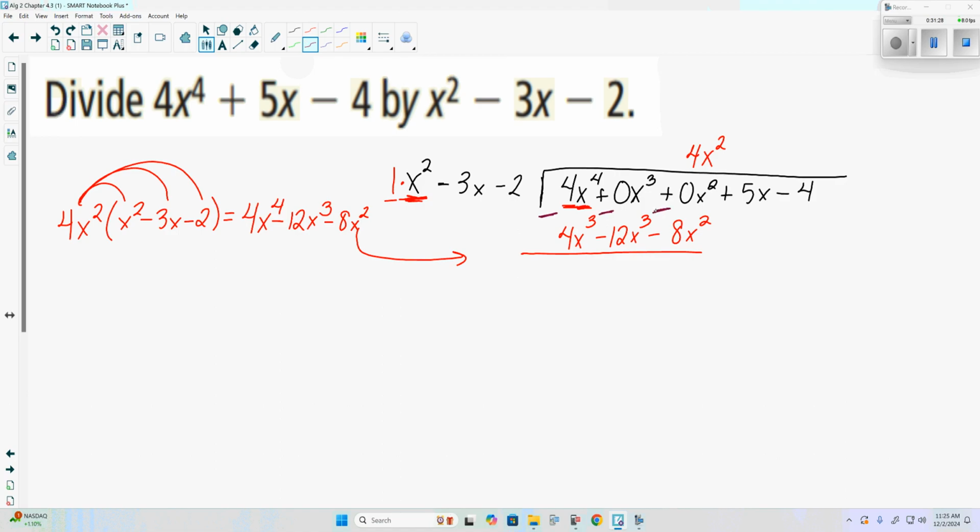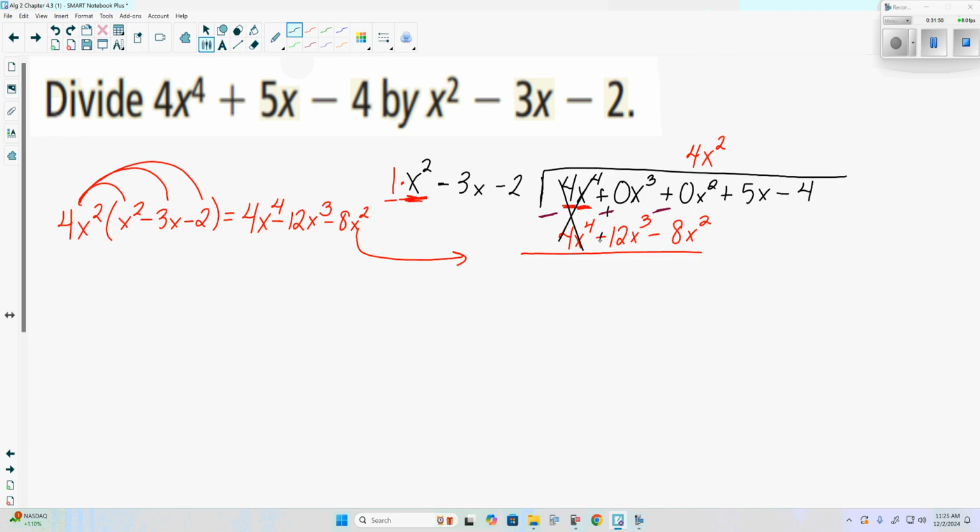And again, we're going to subtract. Yep, and I wrote the wrong number there, because it shouldn't have been 3. It needs to be 4. 4x to the fourth minus 4x to the fourth is 0. 0x cubed minus negative 12x cubed.